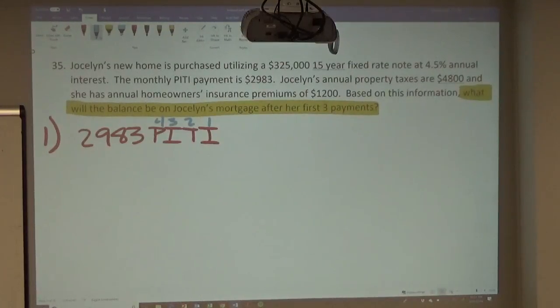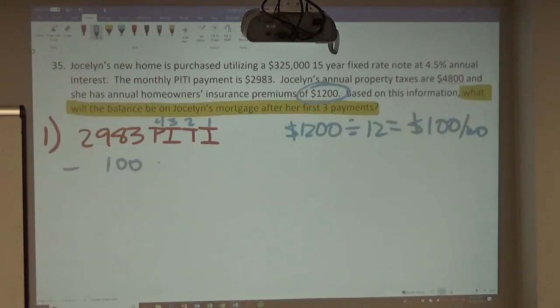The annual homeowners insurance premiums are $1,200, but we're making a monthly payment, so we divide that by 12. That's $100 per month in insurance. So we're going to subtract $100 for insurance.